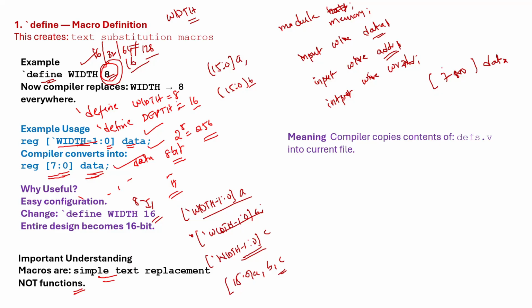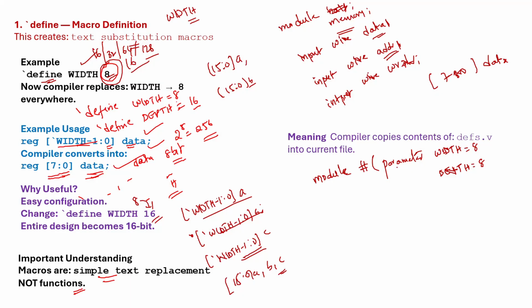Then I want to make this module a parameterized module. The parameterized module will be created like this. I will create this module with hash parameters. I will use hash parameter width, I will mention that 8, and then depth, I will mention that 8.